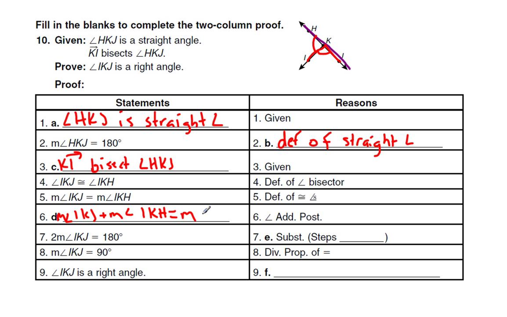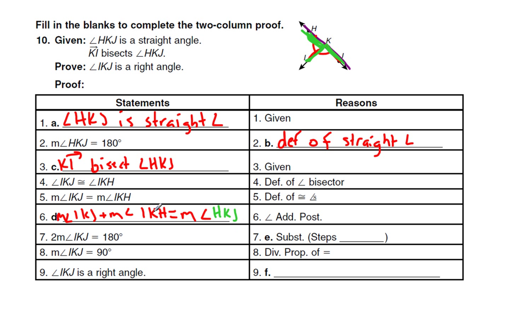We take these individual pieces. What color haven't I used? Let's use green. So IKJ plus IKH has to equal the entire distance across. That has to equal the measure of angle HKJ.